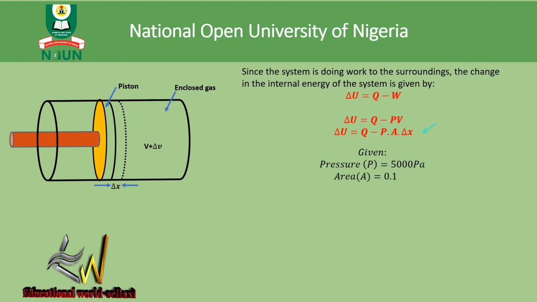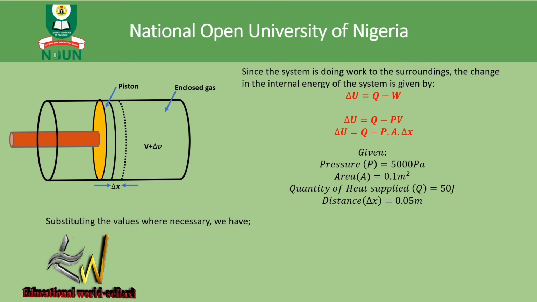which is distance covered. So from the question, we are given that pressure is 5,000 Pascal, area is 0.1 meter square, the quantity of heat supplied is 50 joules, and the distance is 0.05 meters when we do the conversion. So we are going to substitute the values into the equation.